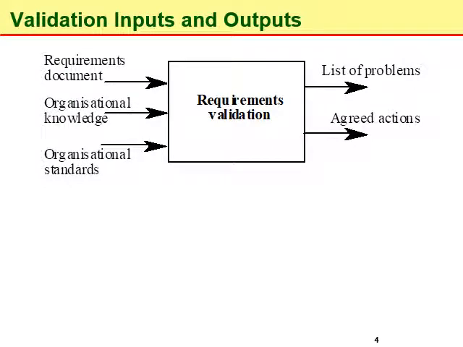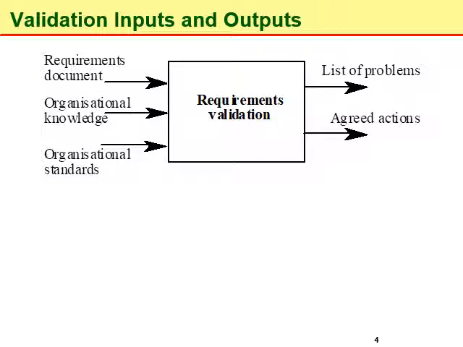Now we will see what are the inputs and outputs of the validation process. This process, as you can see here, has three inputs: the requirements document, the organizational knowledge, and organizational standards.